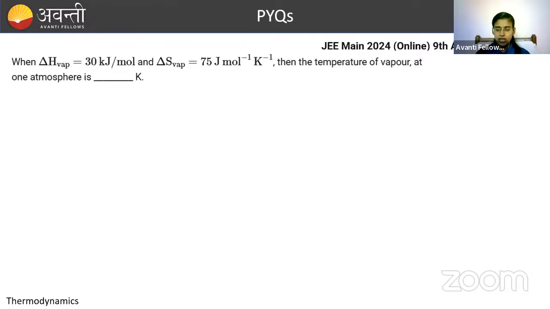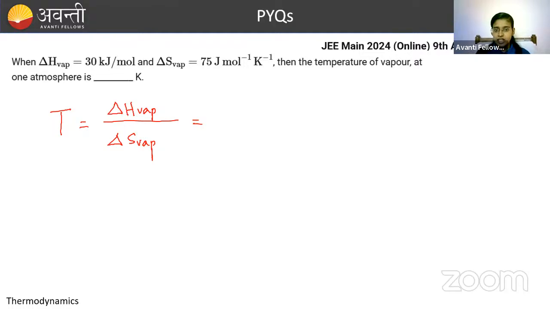Okay, I will go ahead. To find the temperature, the formula that we have to apply is delta H of vaporization divided by delta S of vaporization. That's it. Direct substitution. We have both the values in the question. But before substituting, you need to look into the units.